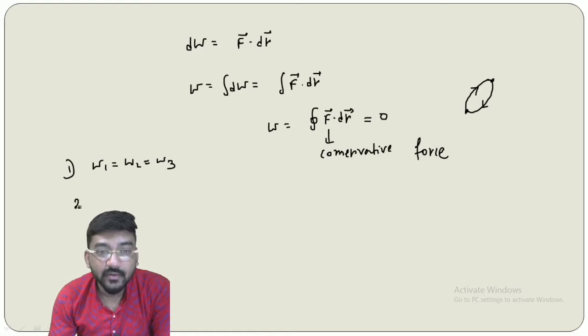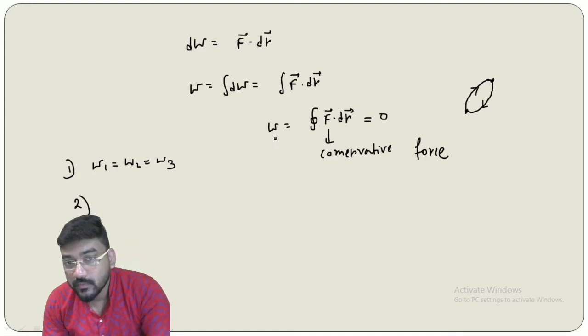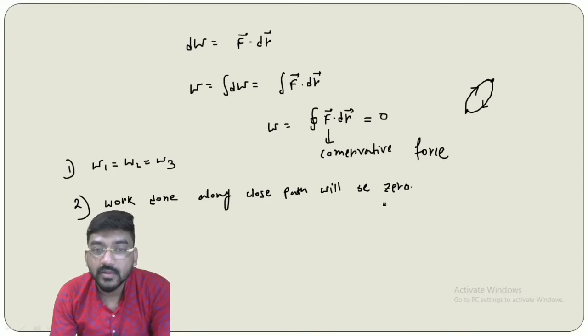And the second one is that the total work done along a closed path will be 0.